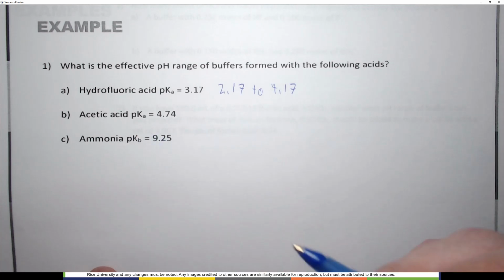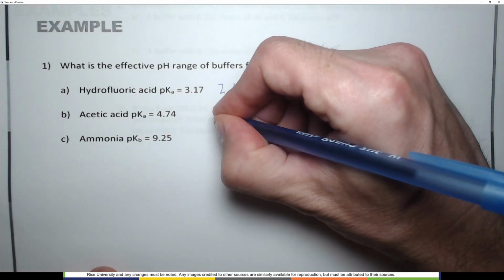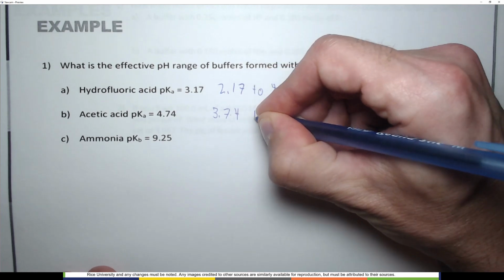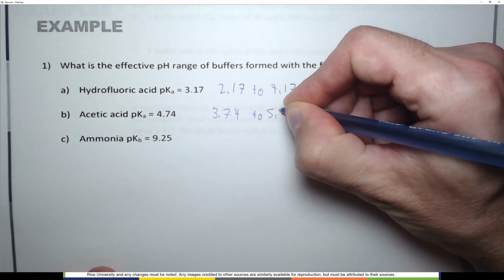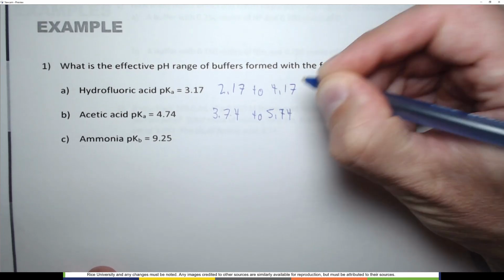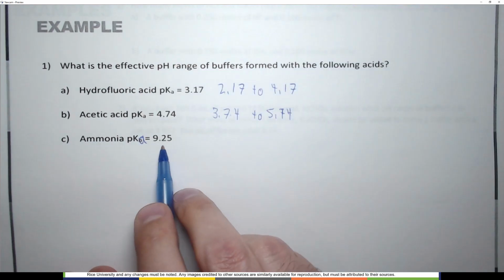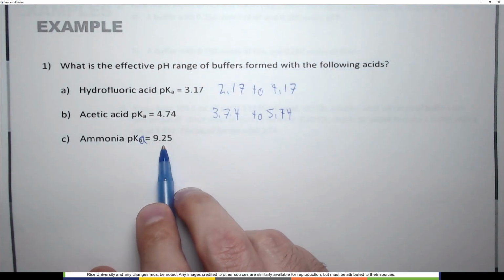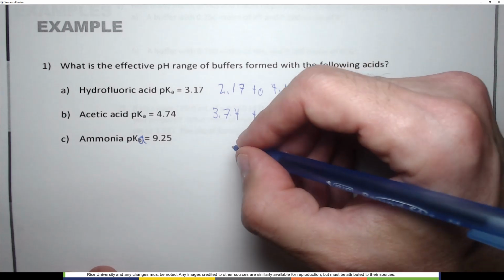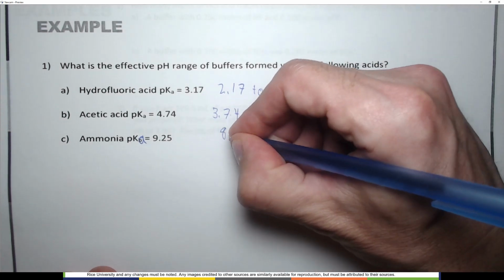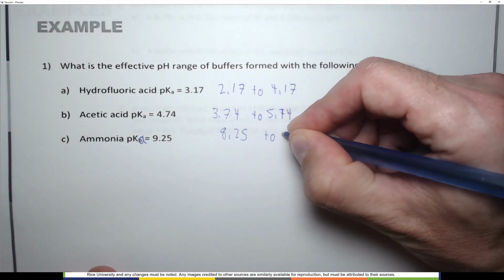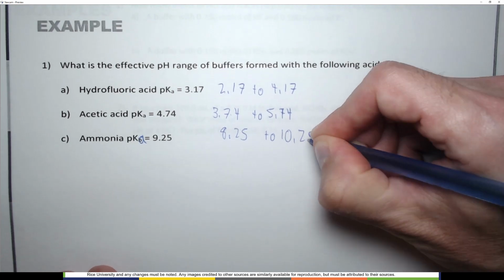What about for acetic acid? Well, it's the same thing, right? It's going to be 3.74 to 5.74, plus or minus 1. And then finally, ammonia, that should be a pKa of 9.25. So in this case, it's going to be from 8.25 to 10.25.